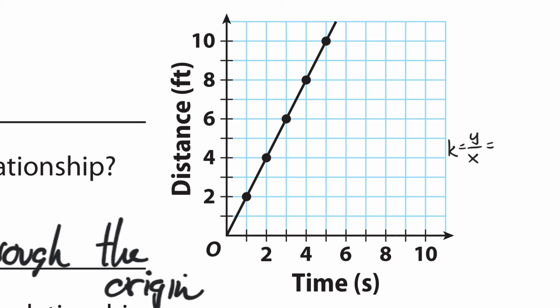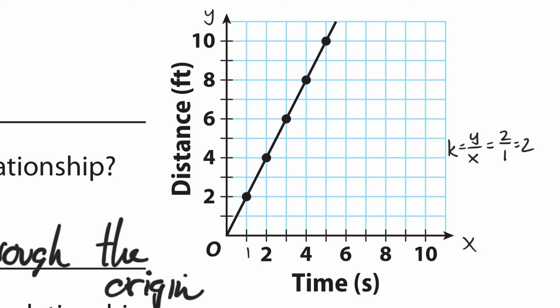Remember, this is the y, this is the x. So y value 2 over the x value 1, right? I'll put 1 there. So that would be 2 over 1, which is 2.